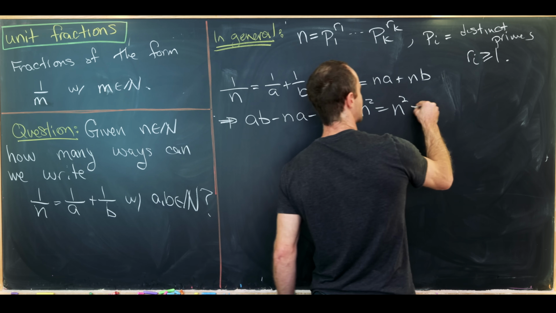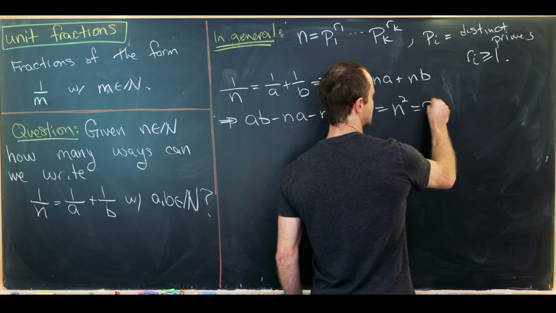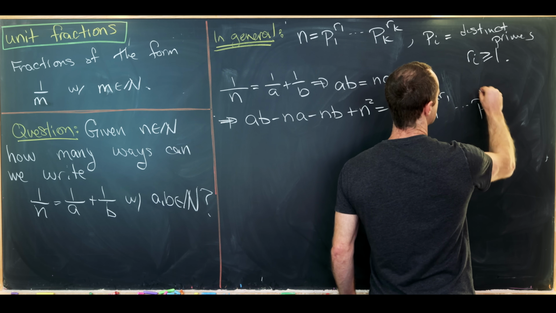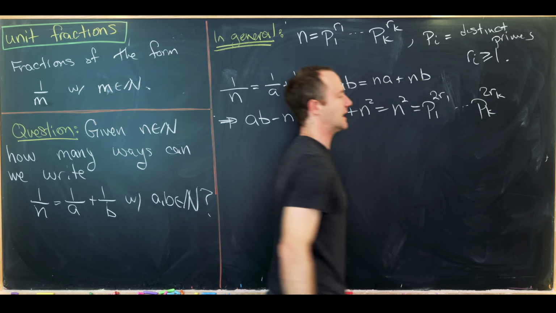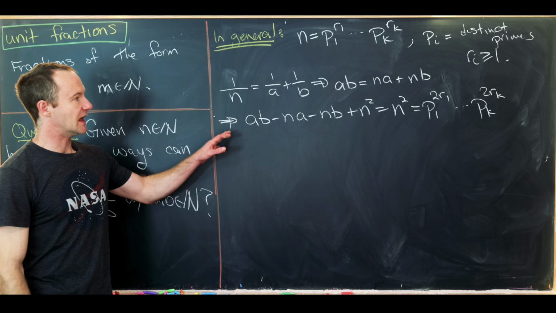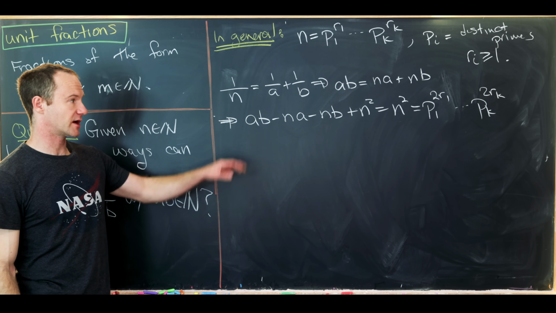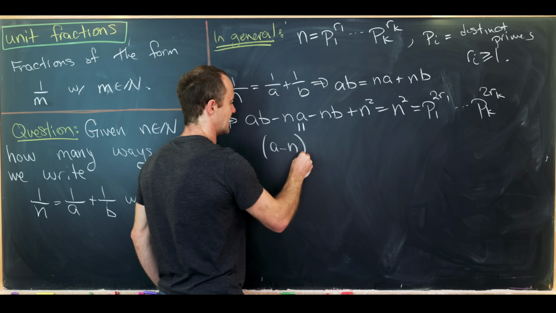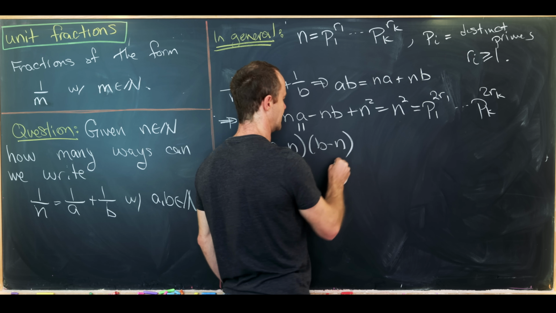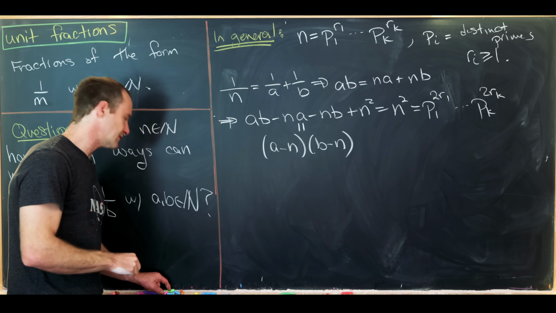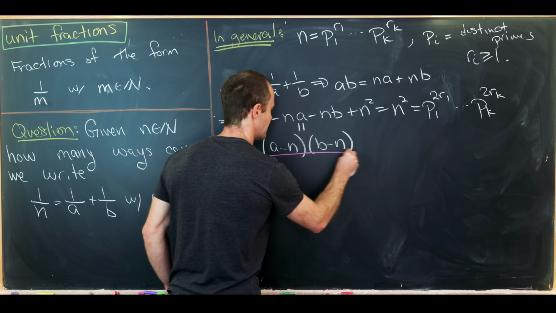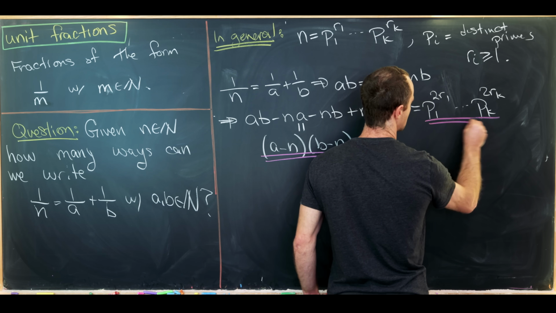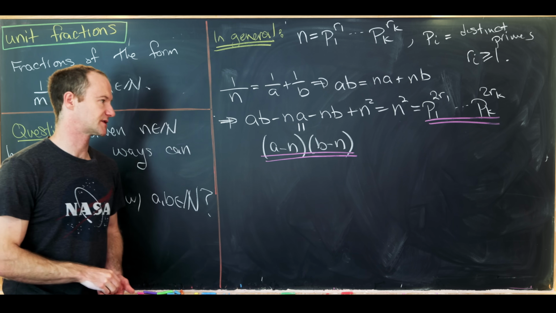But now let's rewrite the n squared on this side of the equation as p1 to the 2r1 all the way up to pk to the 2rk. Great. And now we've completed our product over here, so let's take advantage of that. So this is a minus n times b minus n. So let's see what we've got. We've got this a minus n times b minus n is equal to this following product of primes.